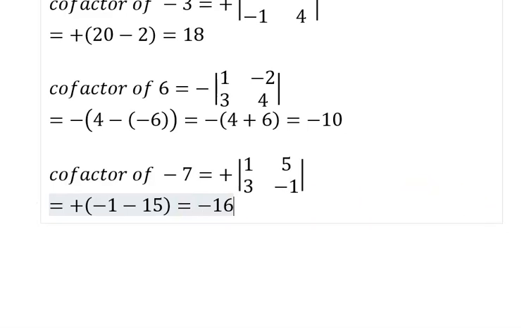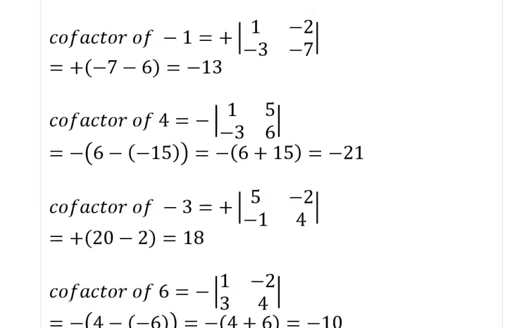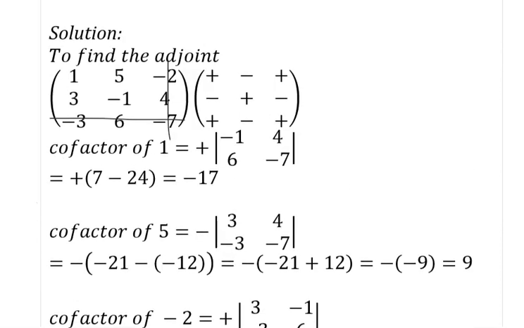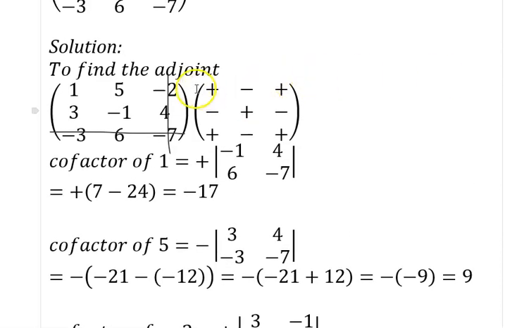So we've been able to get all our cofactors now. So let's bring them together.